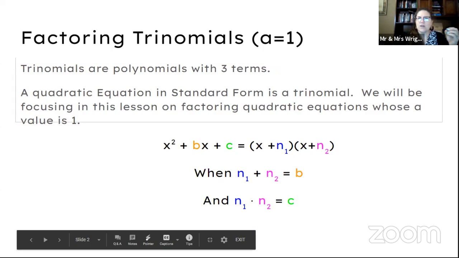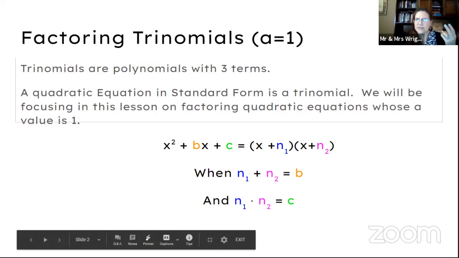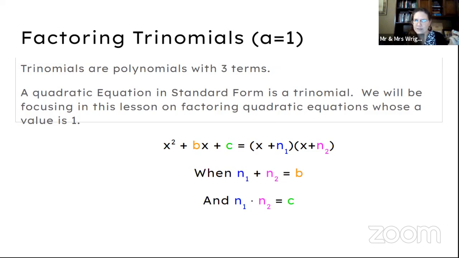We're looking for 2 numbers, number 1 and number 2, that when multiplied together are going to equal c, but when you add them together, they're going to equal b. So that's the first point you need to remember when you're thinking about factoring trinomials.